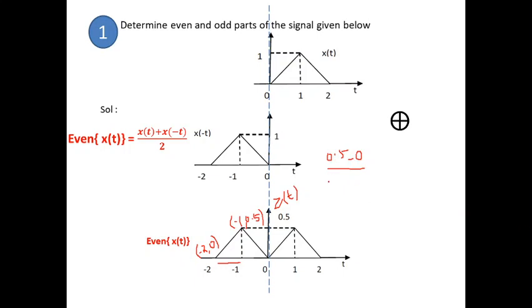So y2 minus y1 divided by y minus y1. So z of t minus y1, and the y1 value is 0, is equal to x2 minus x1.